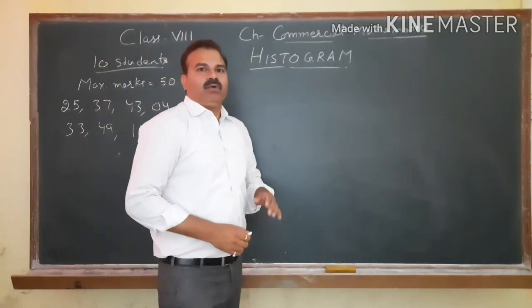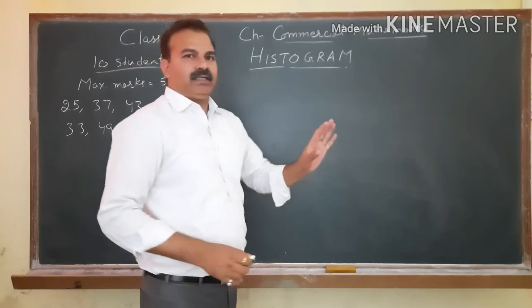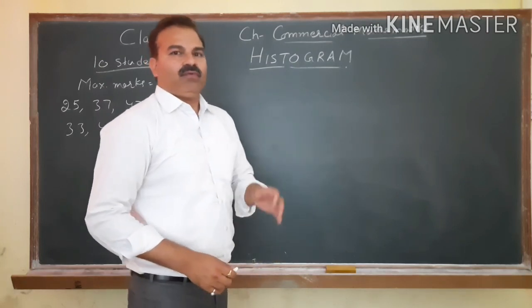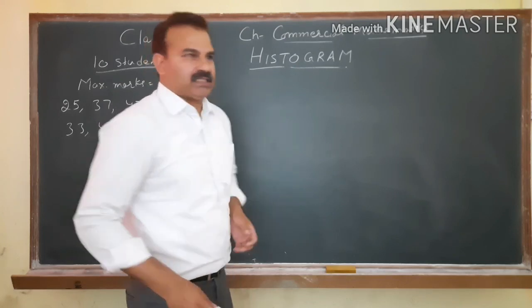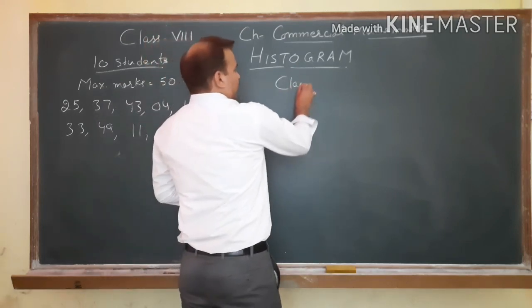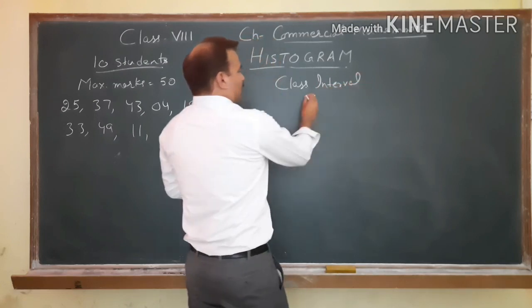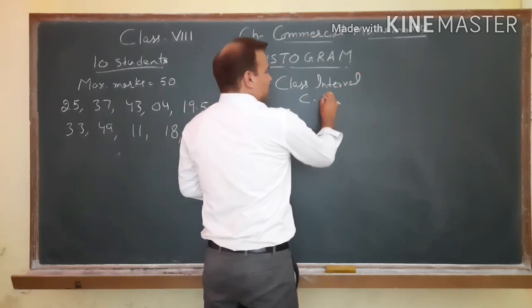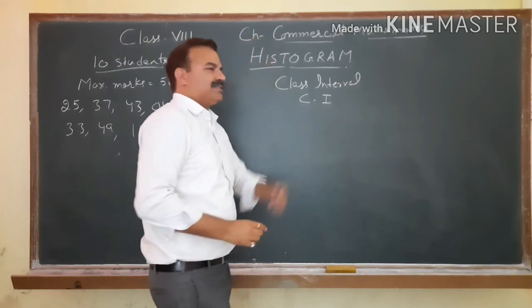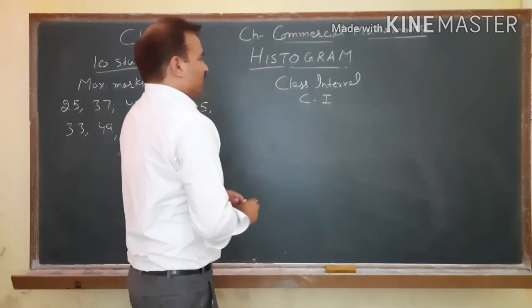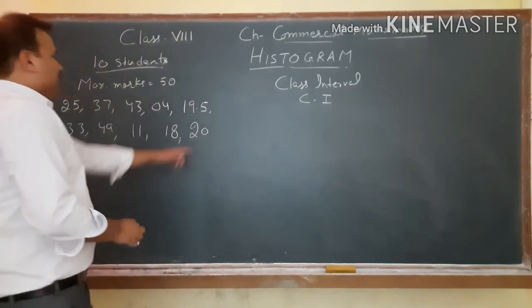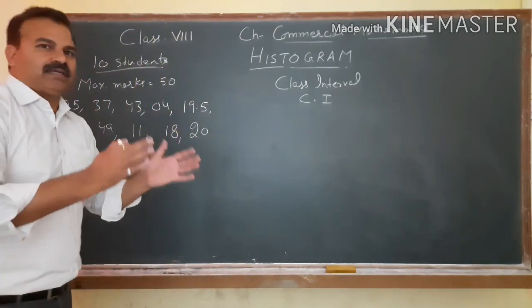Next, I'm going to put this data in class interval form. First of all, what is class interval? Class interval, we write as CI. Now, I divide this data into some intervals.